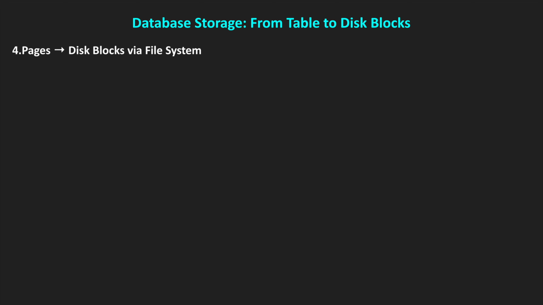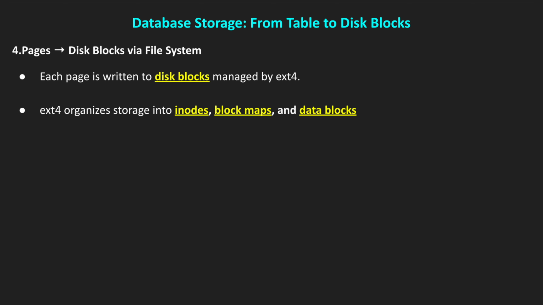What are the next steps? Now we have pages, and how are the pages stored? We go one step further: the pages are stored in disk blocks via the file system. Each page is written to disk blocks managed by ext4, and ext4 organizes storage into inodes, block maps, and disk blocks.